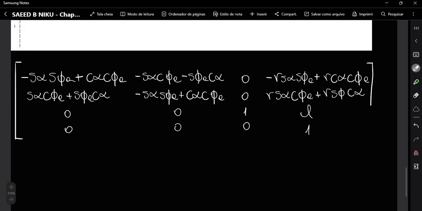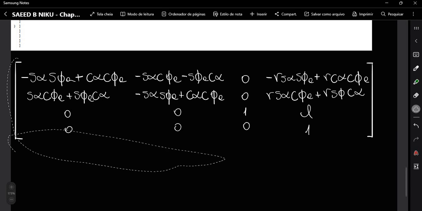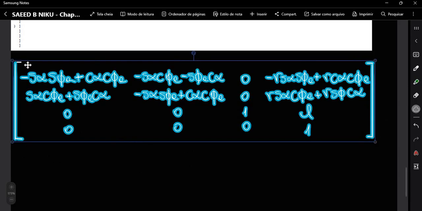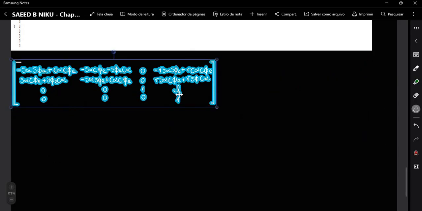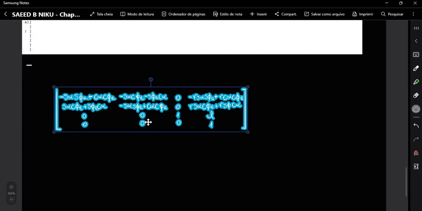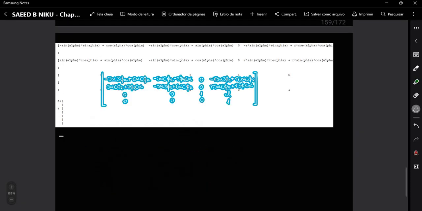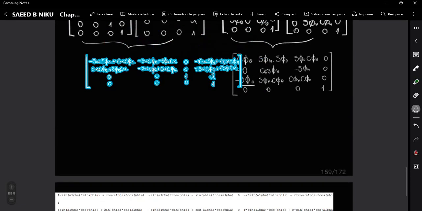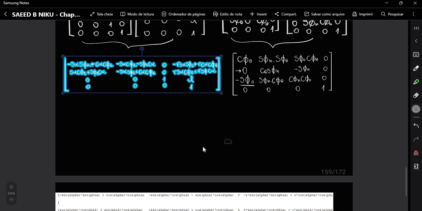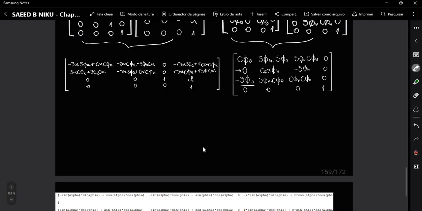A huge matrix we got, just to write this equation. Alright.